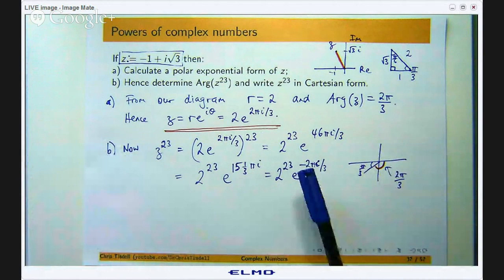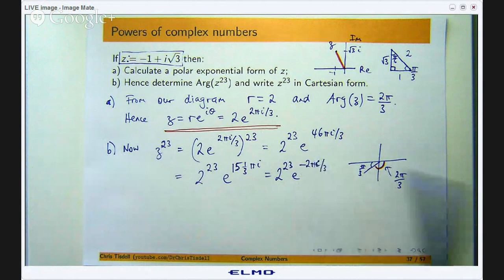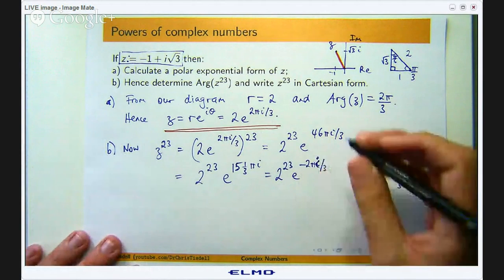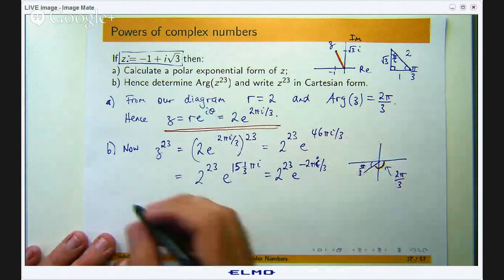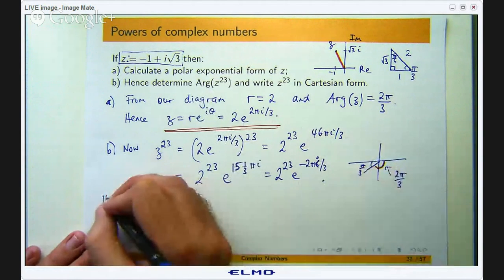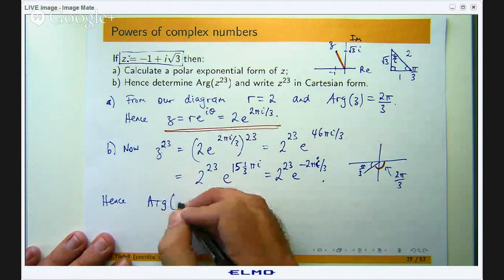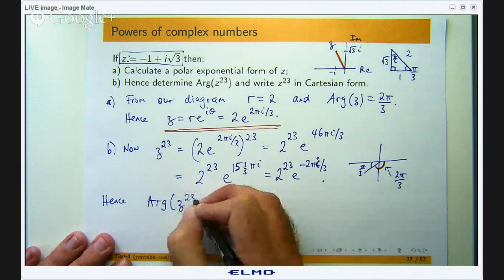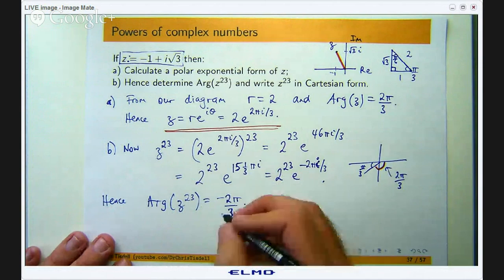So now I can write down the principal argument of z to the 23. It's negative 2 pi on 3. Okay, so we're happy about that.